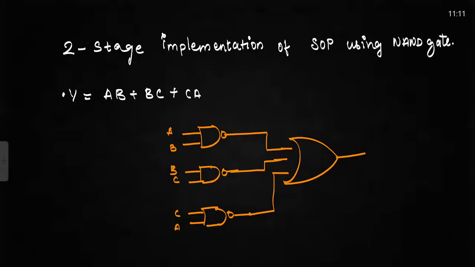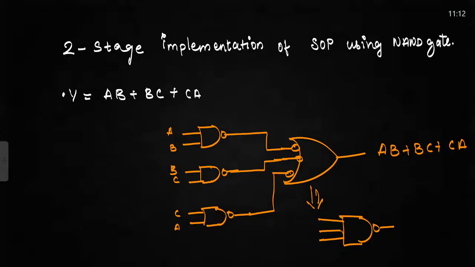Now if I want to only implement using NAND gate, then I need to simply make this one NAND. So we know this is equal to this one. We have studied in the first slide. So here I will get AB plus BC plus CA. So this is two-stage NAND implementation or SOP using NAND.